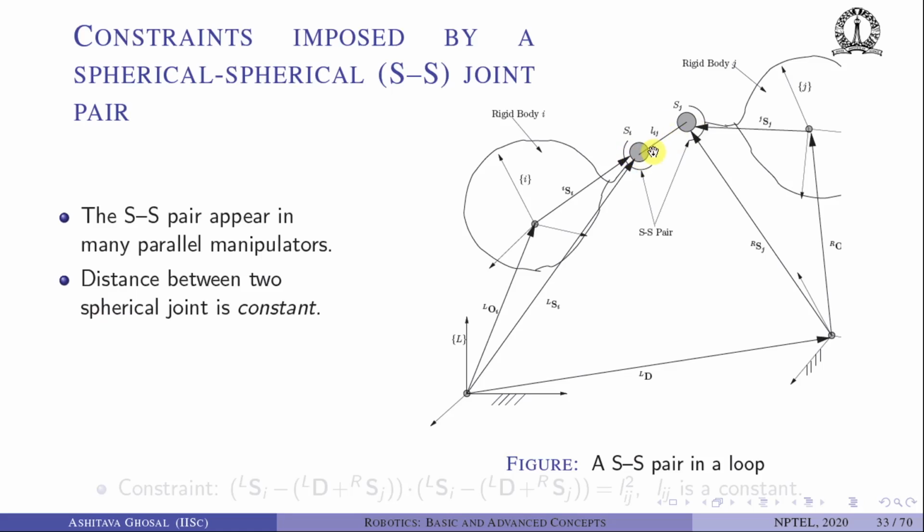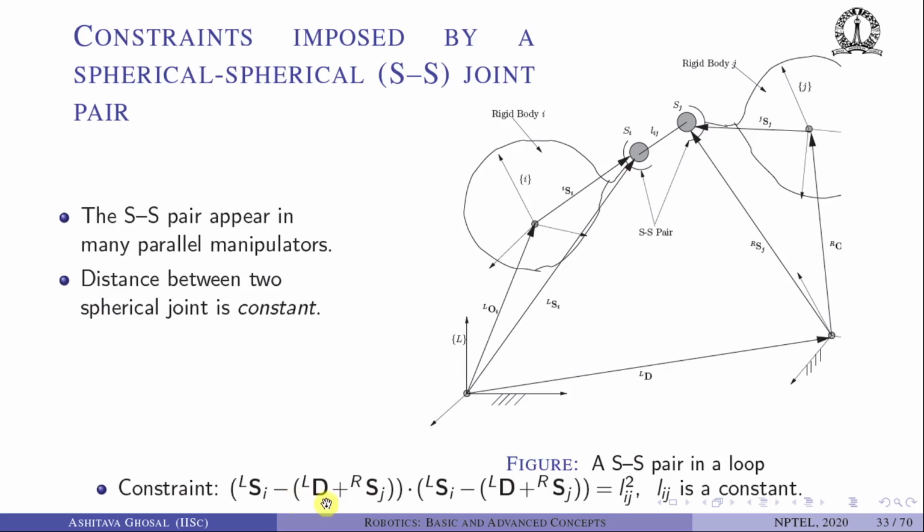Mathematically, what can we say? We can write that this vector to one of the spherical joints is L S_I, and the vector to the other spherical joint is L D plus R S_J. R and L are the two reference coordinate systems, and the distance between these two is constant.